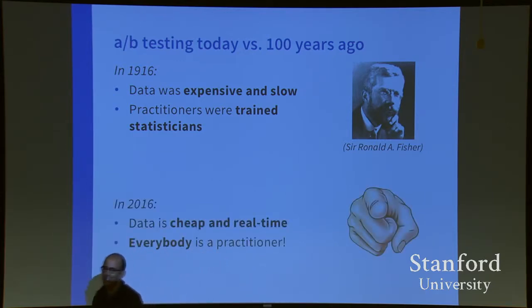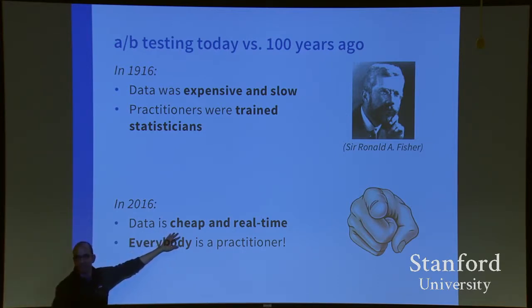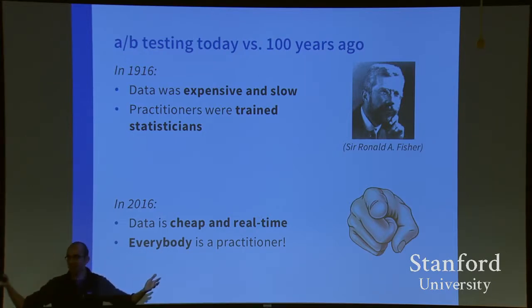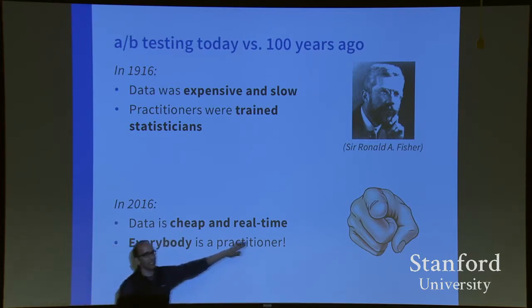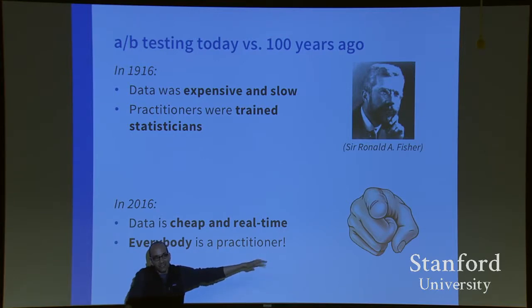But in 2016, we live in a really different environment as far as experimentation is concerned. Data is not expensive and slow. You don't have to wait for crops to come in after a full season. You get data in real time. And not only do you get the data in real time, it can be processed, visualized, and displayed to the user in real time. And at the same time, the people looking at these dashboards could be anyone.